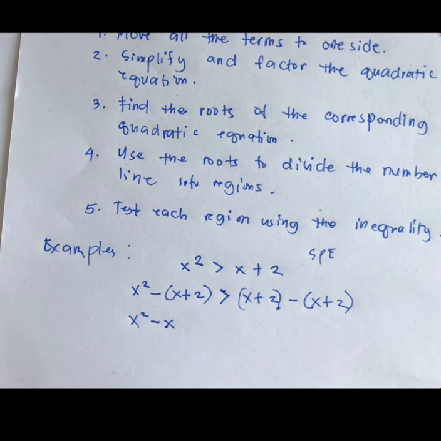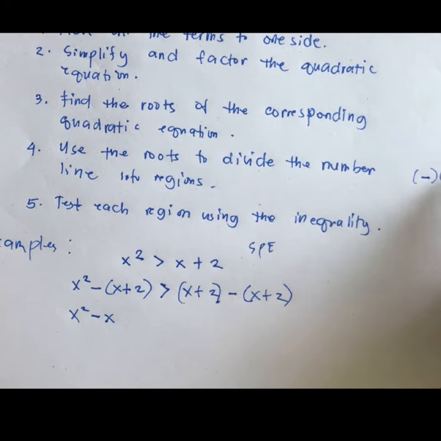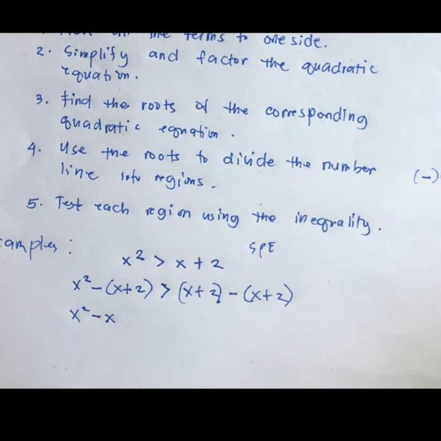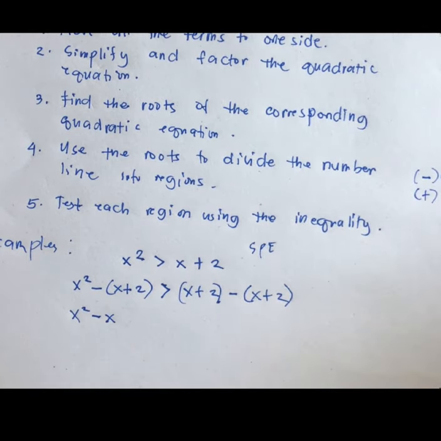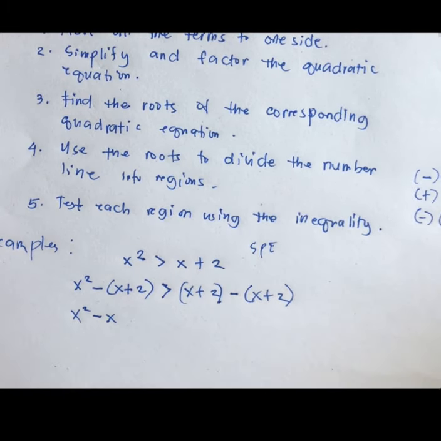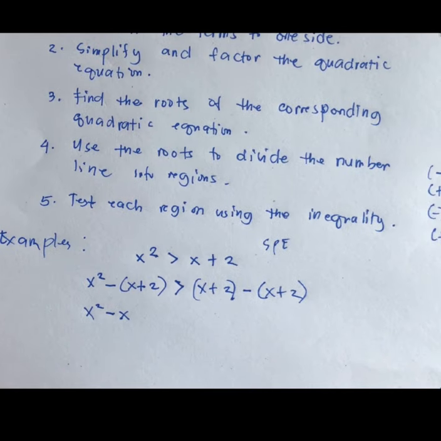Remember the rules for the signs. If we have negative times negative, that would be positive. If we have positive times positive, that would be positive as well. If we have negative times positive, then that becomes negative. And if we have positive times negative, still we have negative.